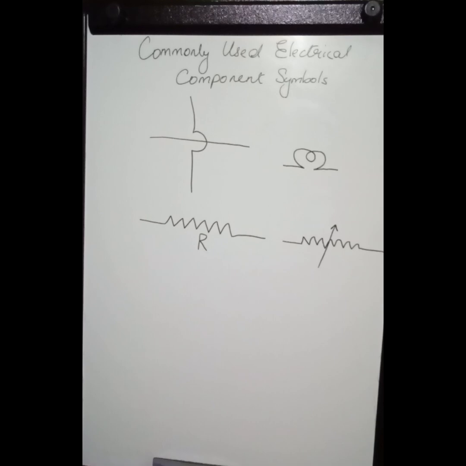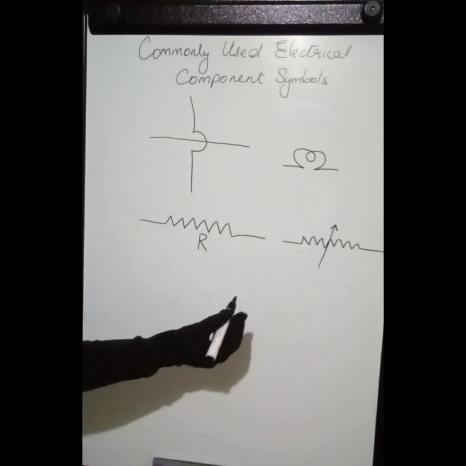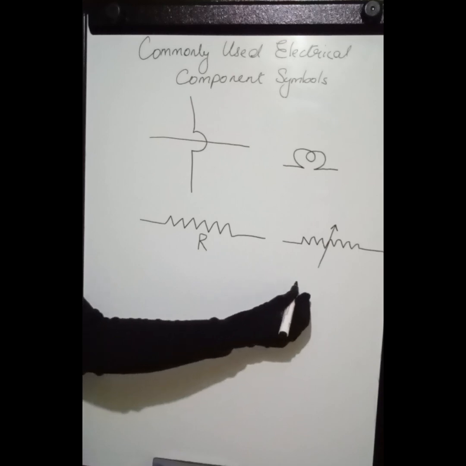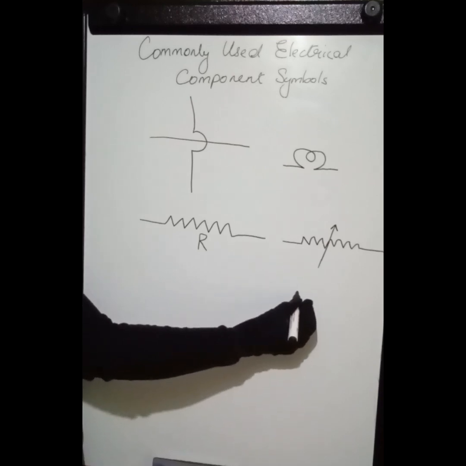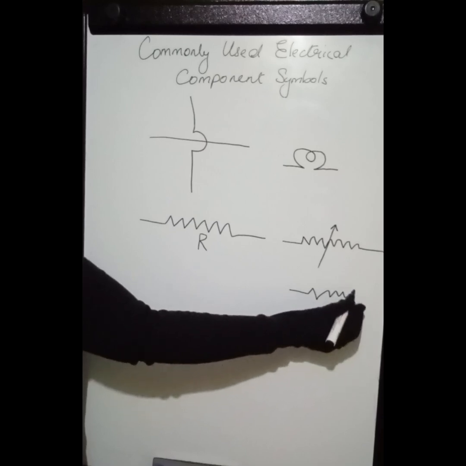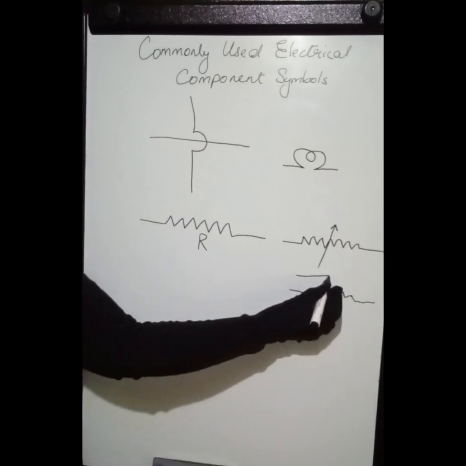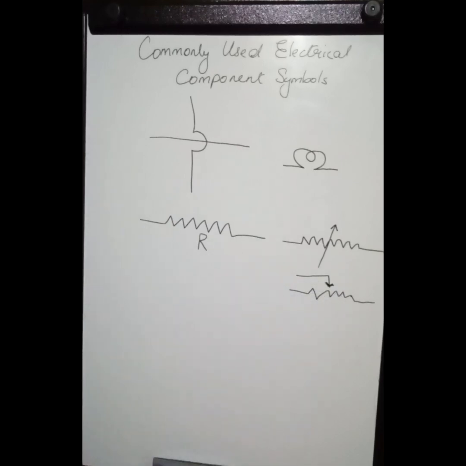This will represent your variable resistance. In some cases, some people draw it this way also, where you draw exactly your resistance and an arrow coming down. This is your variable resistance or rheostat.